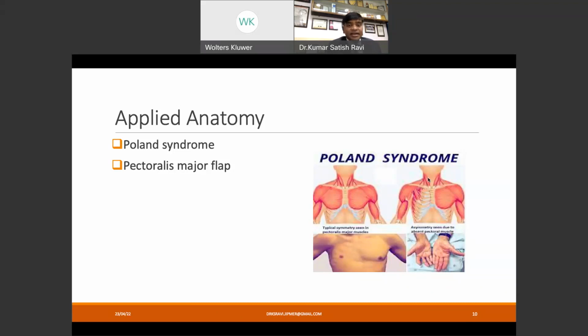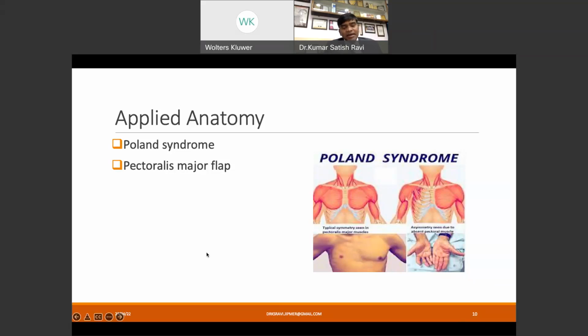In some conditions, there may be absence of the breast or an underdeveloped breast. In some individuals there will be abnormalities in the hand on the affected side, brachydactyly, where you will find short fingers, or underdeveloped or vestigial fingers. So this is all about Poland syndrome.